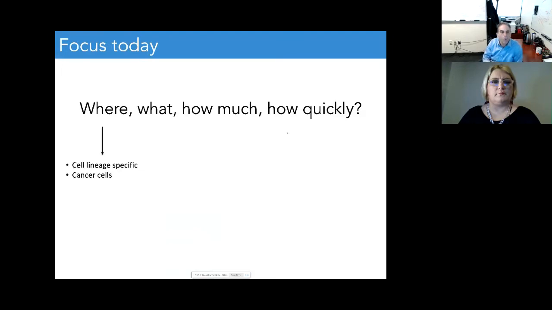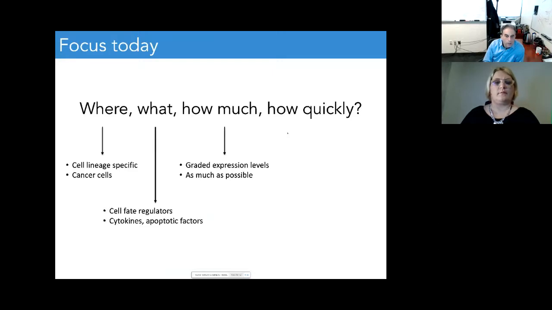So for example, on the where, I'm going to demonstrate how we can control gene expression in specific cell types for organoids, or just in cancer cells. What are we going to express? These are things I'm going to show that can control how stem cells differentiate, or whether cancer cells are destroyed or not, or create inflammation to help with cancer treatments.